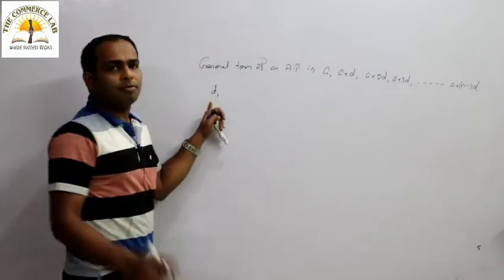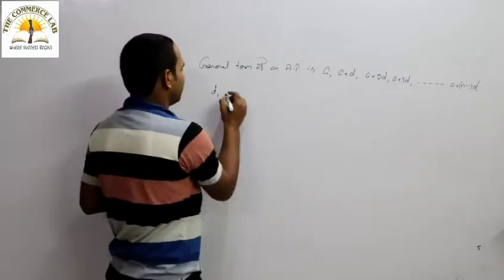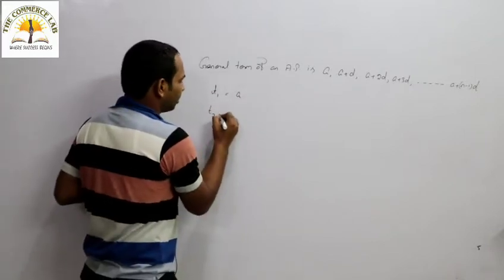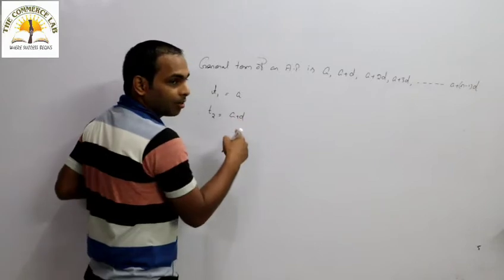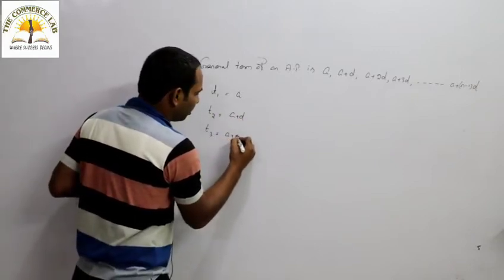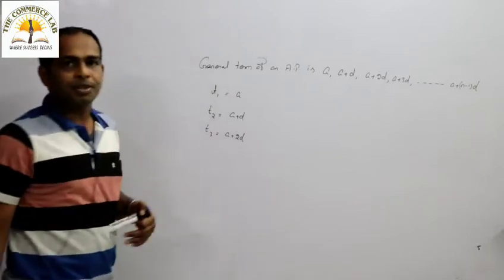T1 is your first term, which is a. T2 is your second term, a plus d. T3 is your a plus 2d.